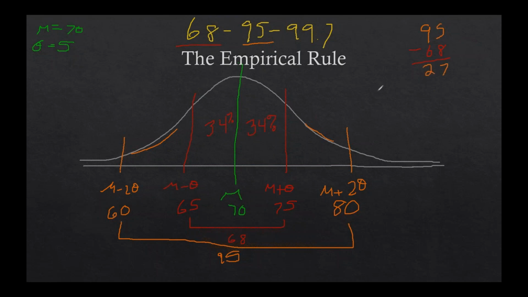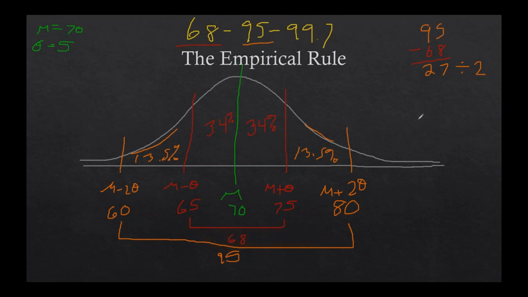Perfect. And again, we know this is symmetrical. It's got to be even on both sides. So we would divide that by 2 to find out that 13.5% fall on each of these spots. So if I said, what's the probability of finding a student who scored between 75 and 80? Well, that would be 13.5%.